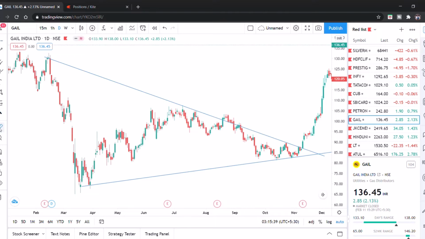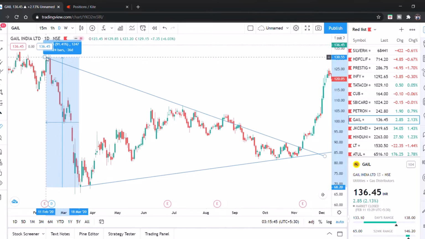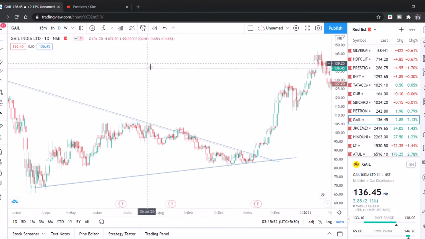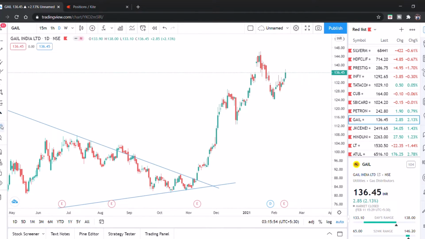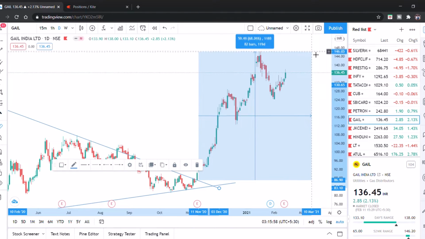In a triangle pattern, the length of a breakout is usually the same as the length of the triangle's base. If we measure the length of the base, here it is 90%. Hence the size of the breakout should also be more or less 90%. It's done about 70% so far.